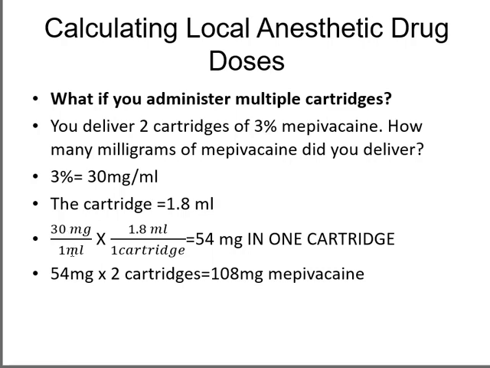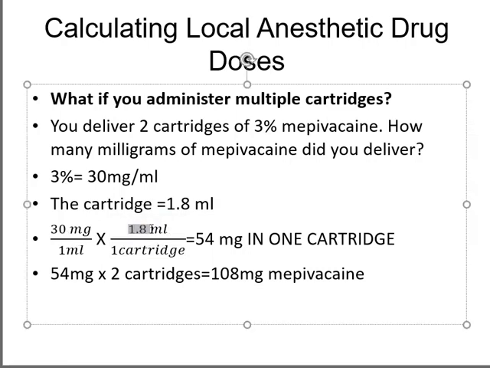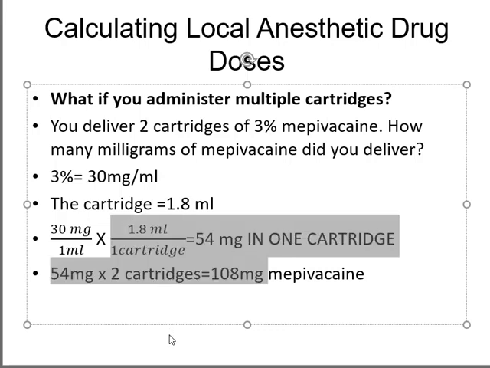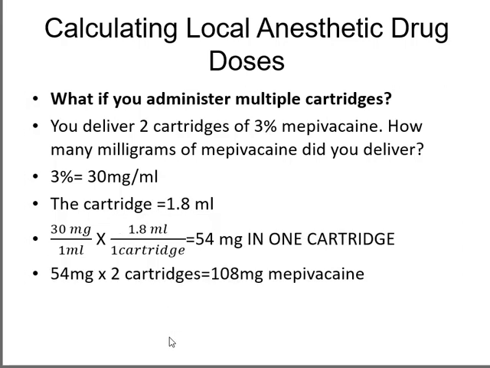So 30 milligrams over 1 milliliter multiplied by 1.8 milliliters per cartridge gives us 54 milligrams in one cartridge. You deliver 2 cartridges, so 54 milligrams times 2 cartridges equals 108 milligrams of mepivacaine that you've delivered.